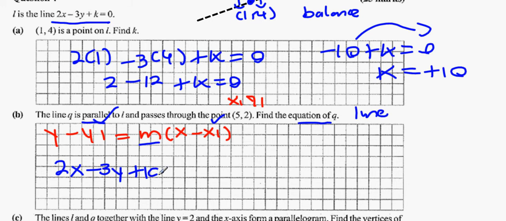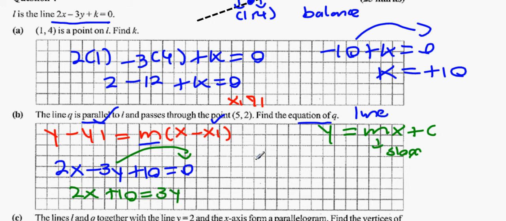The other formula in your notes is y equals mx plus c. What that means is that if I get y on its own, then whatever number comes in front of the x is the slope, because m is the slope. So we're going to get y on its own, bring 3y over to the other side, so we get 2x plus 10 equals 3y.